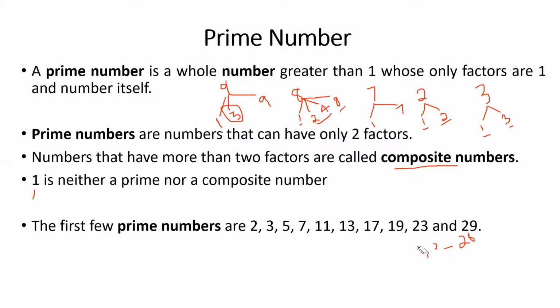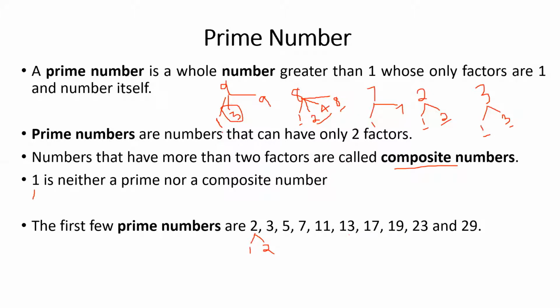One is 1, the other is 29. In this list, all the numbers have only 2 factors: 1 and the number itself. So what are the factors of 2? Because we know it is a prime number, I can tell you with confidence that it has only 2 factors, 1 and 2.